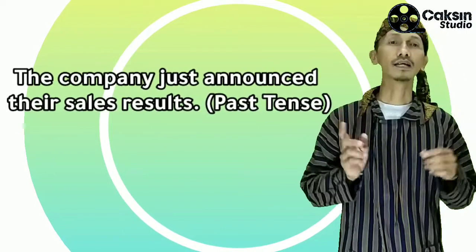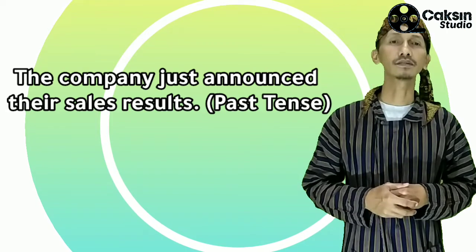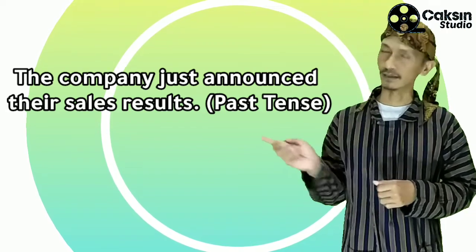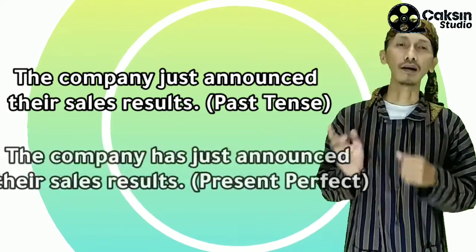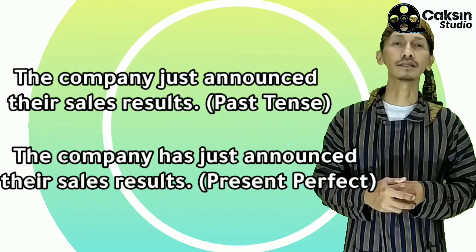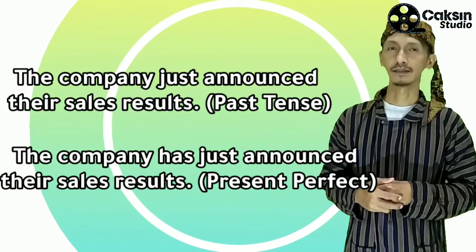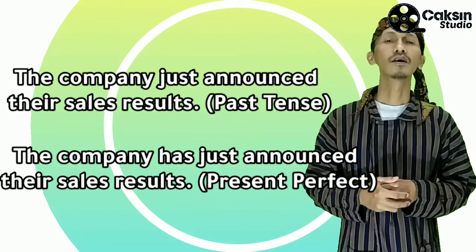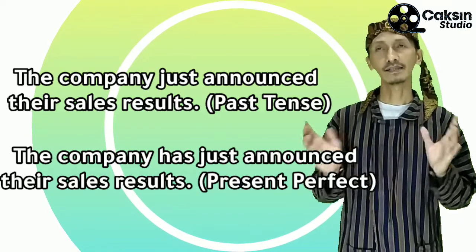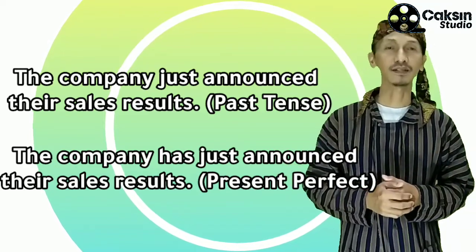For example, the company just announced their sales result. The company has just announced their sales result. The first sentence is past tense, and the second one is present perfect.